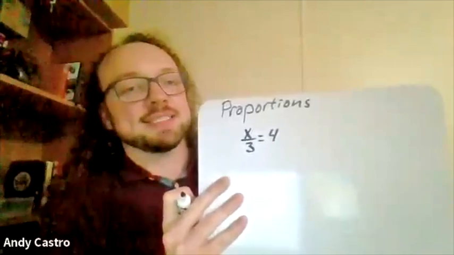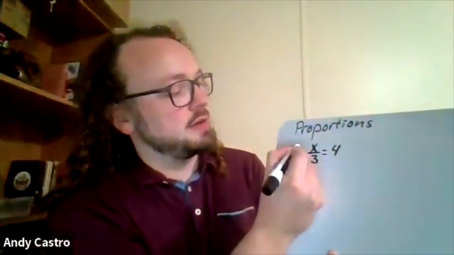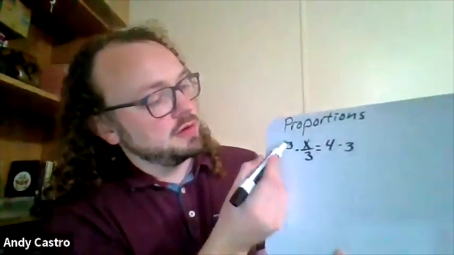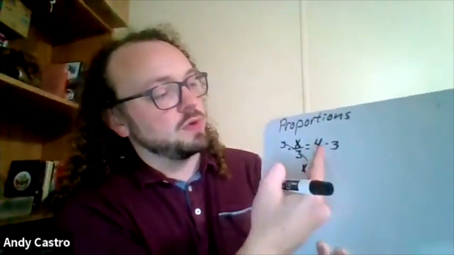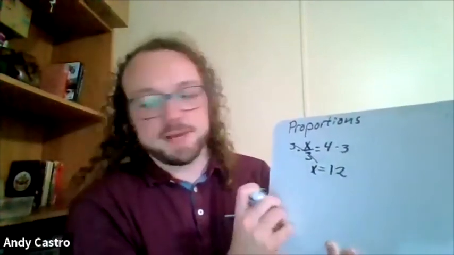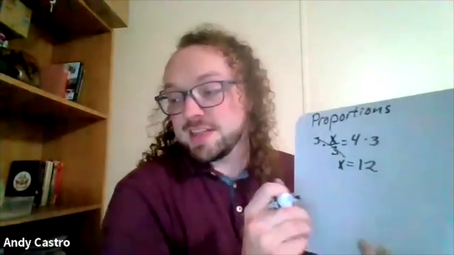Now to solve that, to isolate x should be pretty easy. I just have to multiply both sides by 3. These 3's cancel out. I have x equals 4 times 3, which is 12. Okay? But it's not always going to be just that easy.